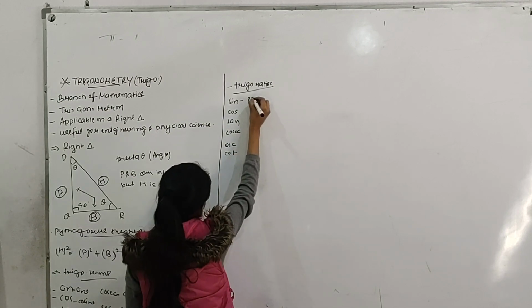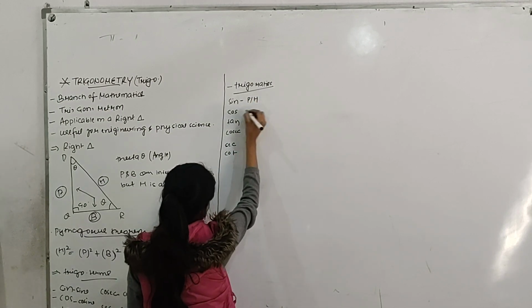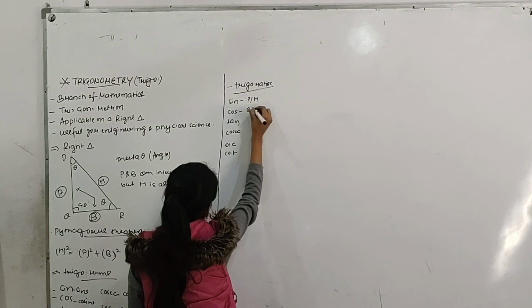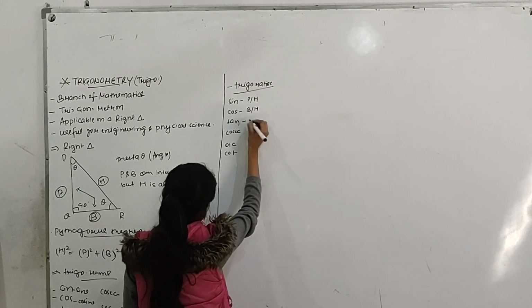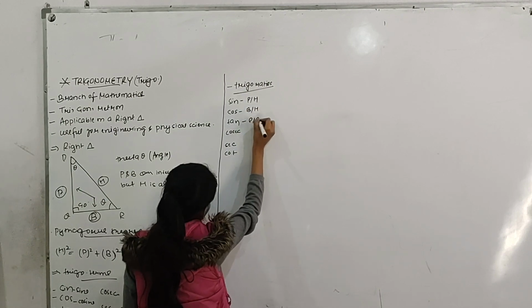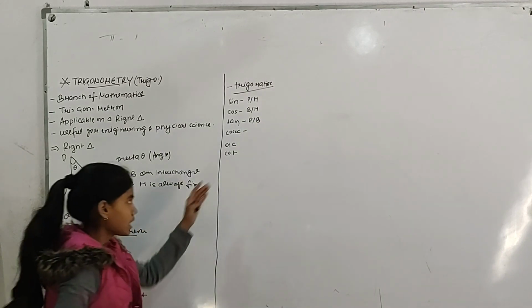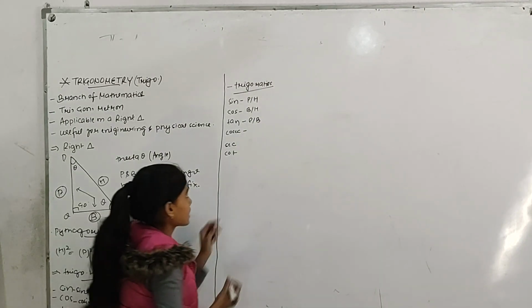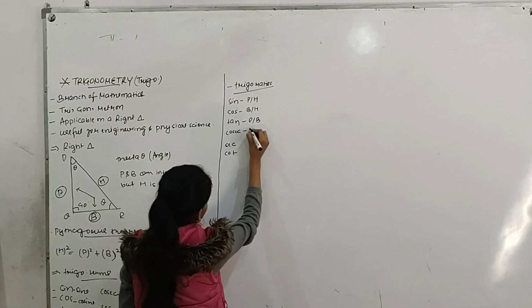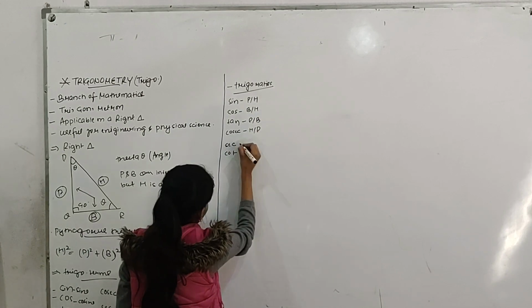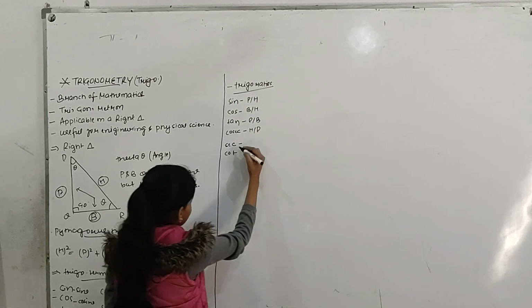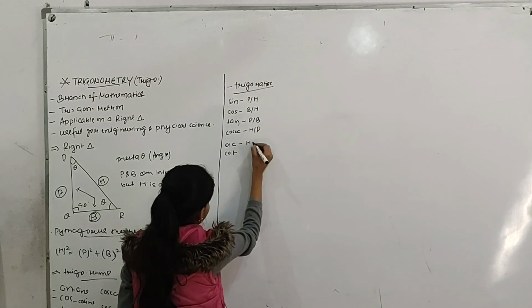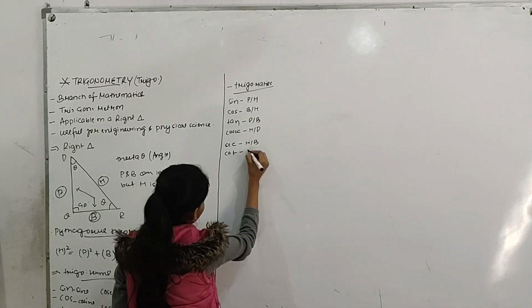So sine is p upon h, cos is b upon h, and tan is p upon b. And cosec, which is the opposite term of sine, we can write as the reciprocal of p upon h, which will become h upon p. And sec, which is the opposite term of cos, we can write as h upon b. Similarly, cot is b upon p.